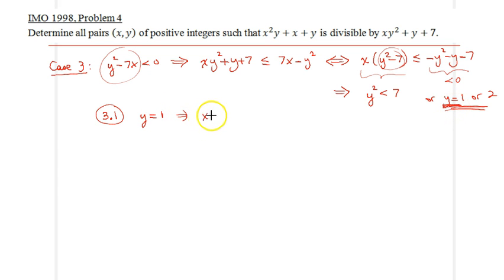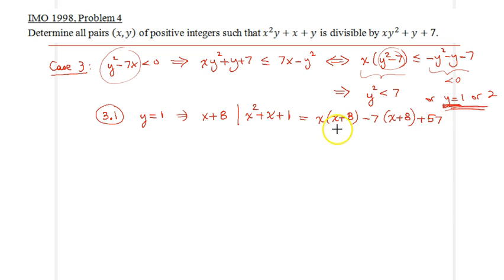This would give us x plus 8 divides x squared plus x plus 1. From here, again, we can make a similar, very simple trick. x times x plus 8, minus 7 times x plus 8, plus 57.